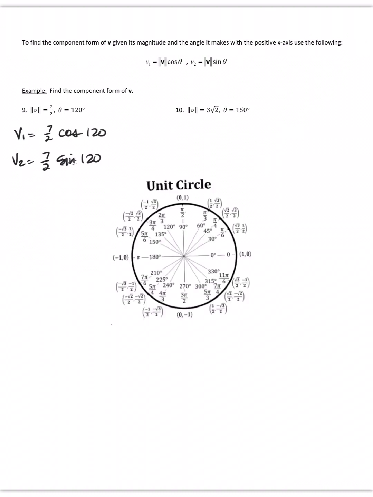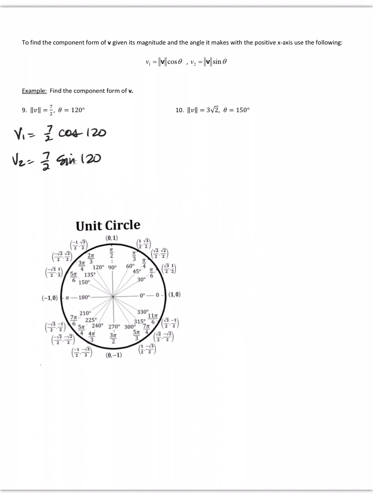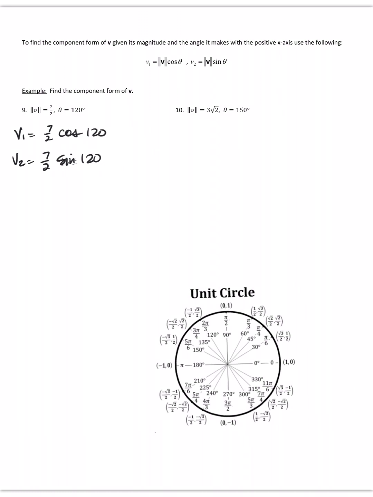That would be fabulous if you did. All right, so where are we at 120? 120 is going to give me a cosine of negative 1/2. So 7/2 times negative 1/2. The y, the sine at 120, is the square root of 3 over 2.